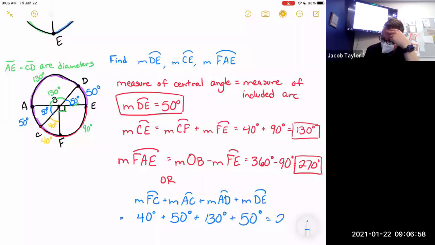If you mean what else are we going to learn in our introduction to circles, the answer is nothing. We're just going to learn the basics of circles today. But next week we're going to start adding in some angles that are not central angles. Those are called inscribed angles. And then we're going to start adding in angles where the vertex is not even in the circle. The vertex is outside the circle and two secants make up the sides of the angle.